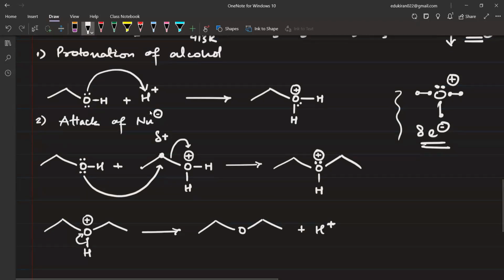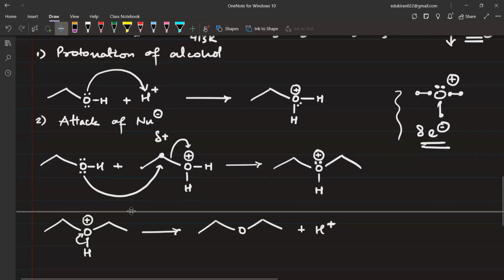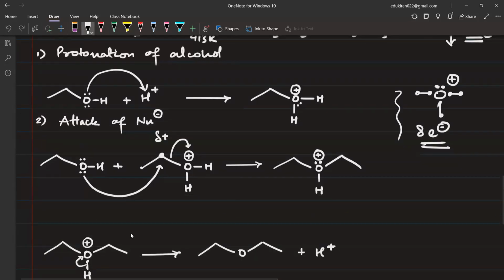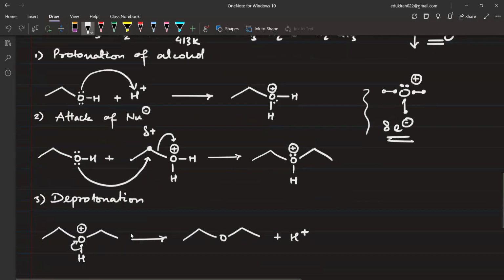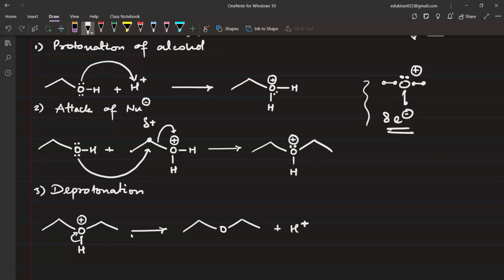And the third step that we have at the end is deprotonation.